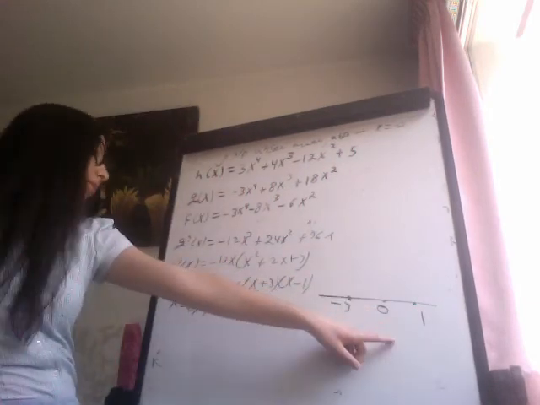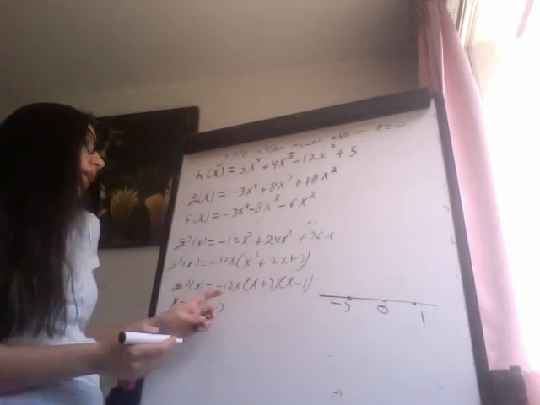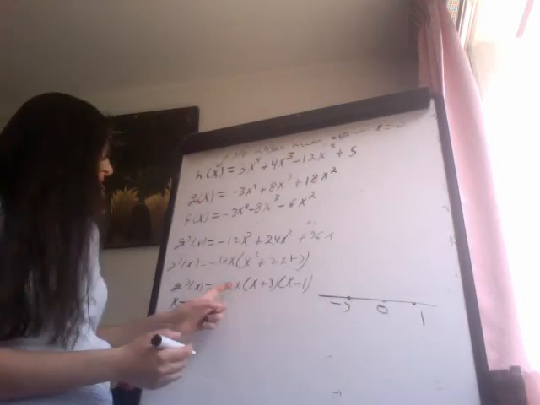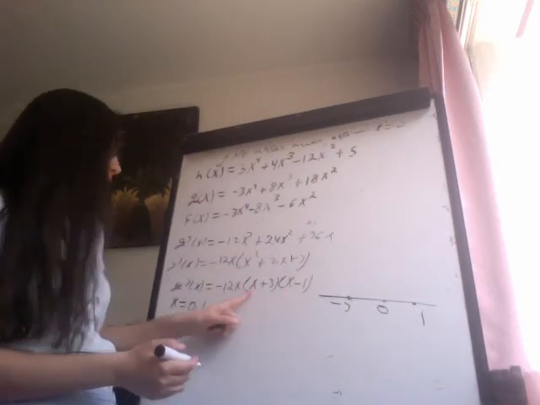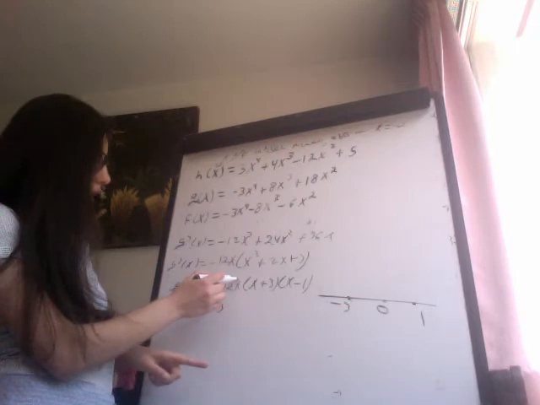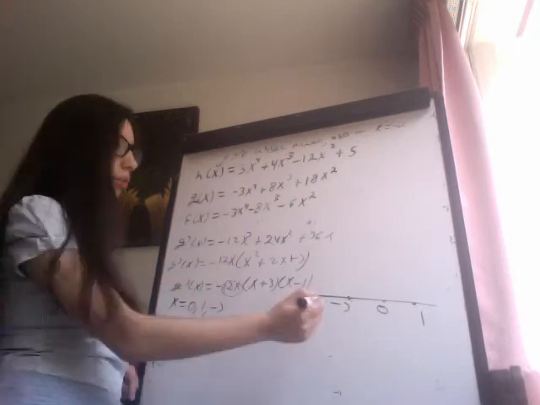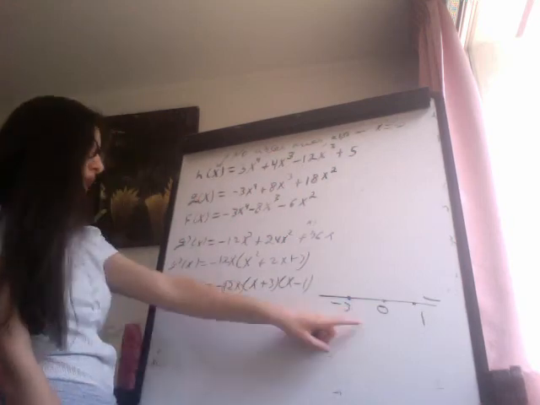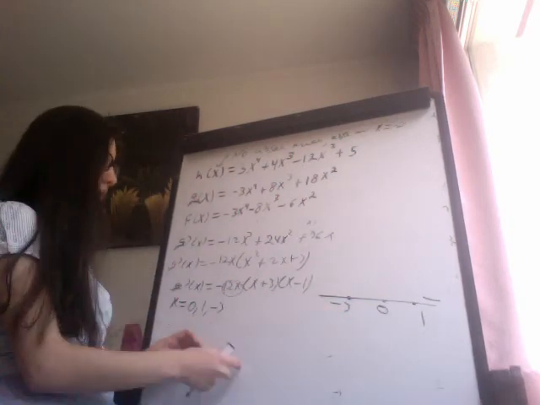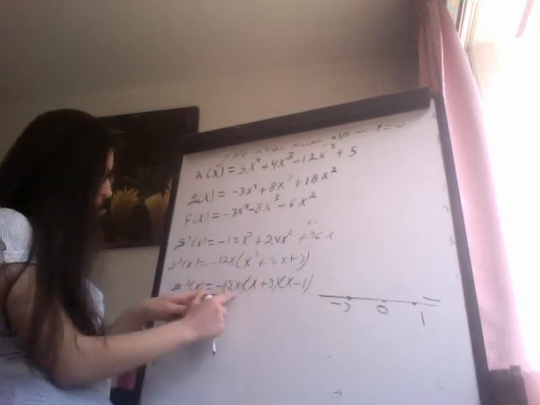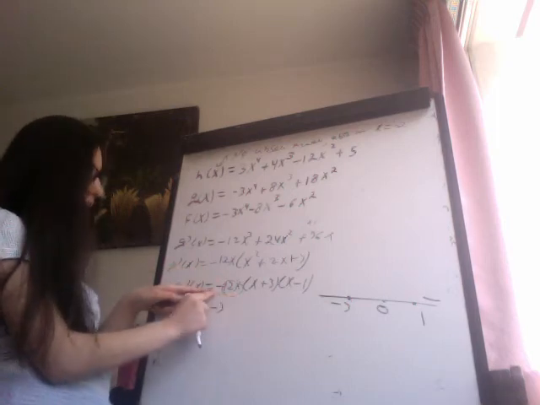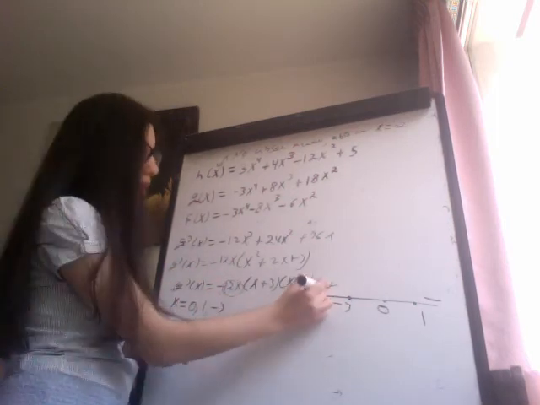When all the x's are positive, this term is positive, this term is positive, and this term is positive, but we have a negative sign here. So the slope is negative, the function is decreasing. When everything is negative, negative times negative times negative, times this negative, everything becomes positive.